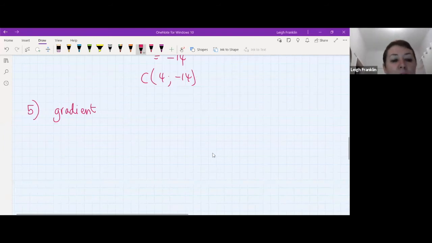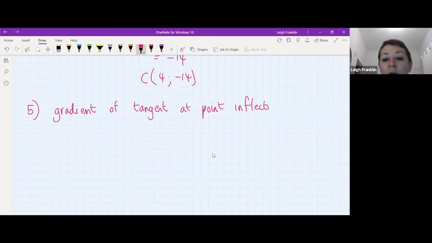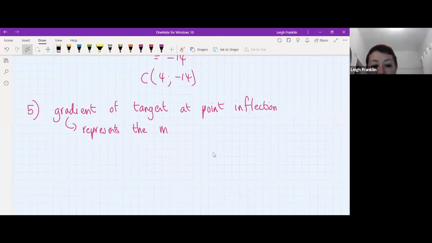But the gradient of the tangent at the point of inflection, what does this represent? Someone has said stationary point.